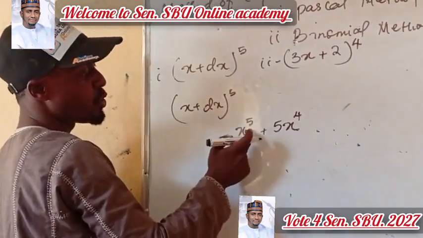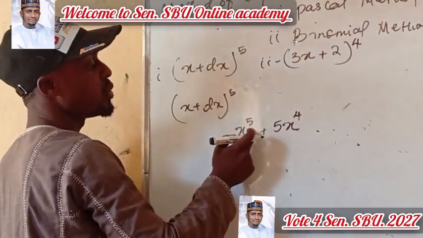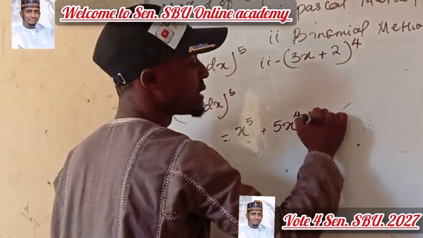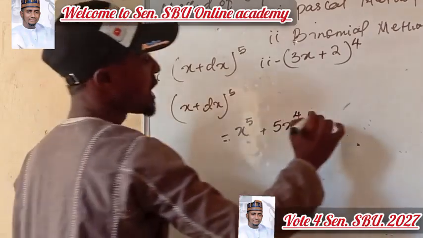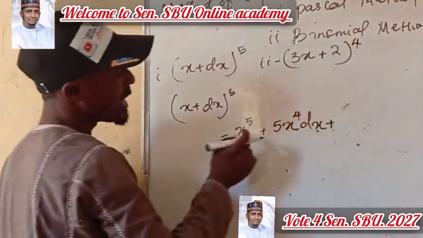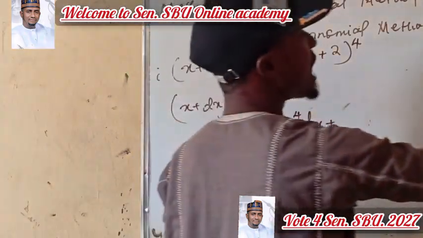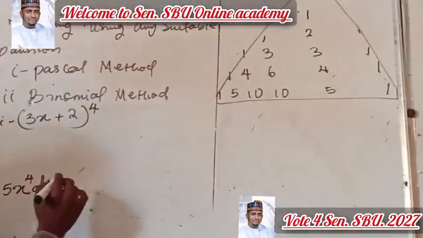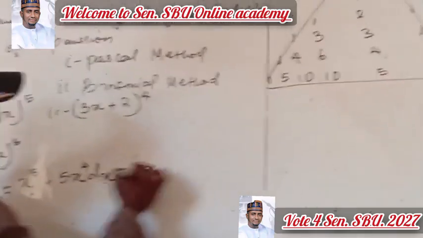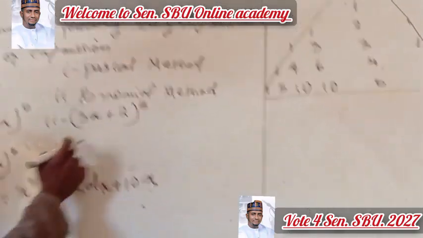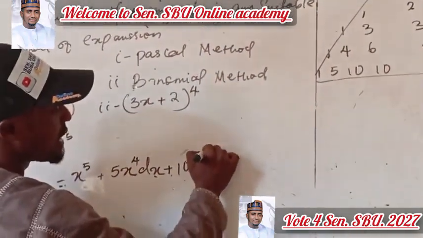And the dx: before, you don't have dx because it is power 0, now dx will come with power 1. You now write plus. Look at it, you have picked 1 and 5, then 10. You now write plus 10x. x is power 4 here; if it decreases by 1, it will be power 3.